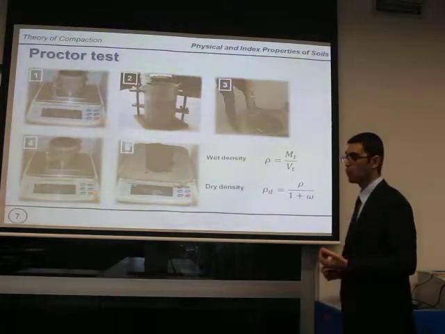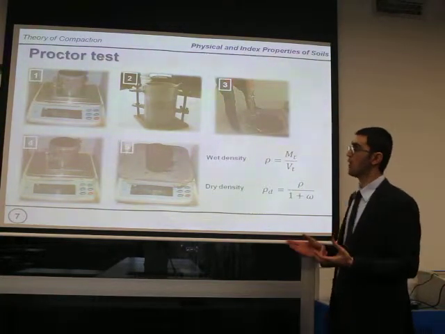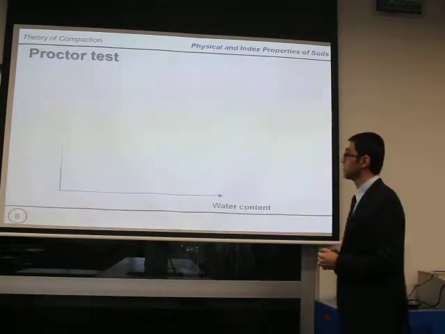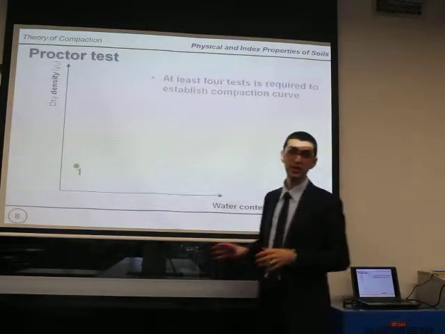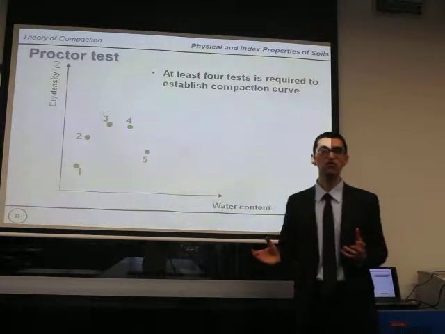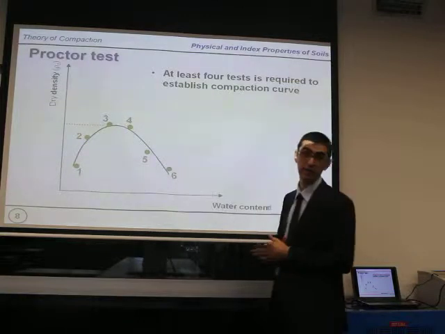So basically, you have found one point of the compaction curve for that particular moisture content. So if you plot the dry density over water content, you have 1 point. But we need to repeat the test for at least another 4 times with different initial moisture content, so you will be able to find the compaction curve.